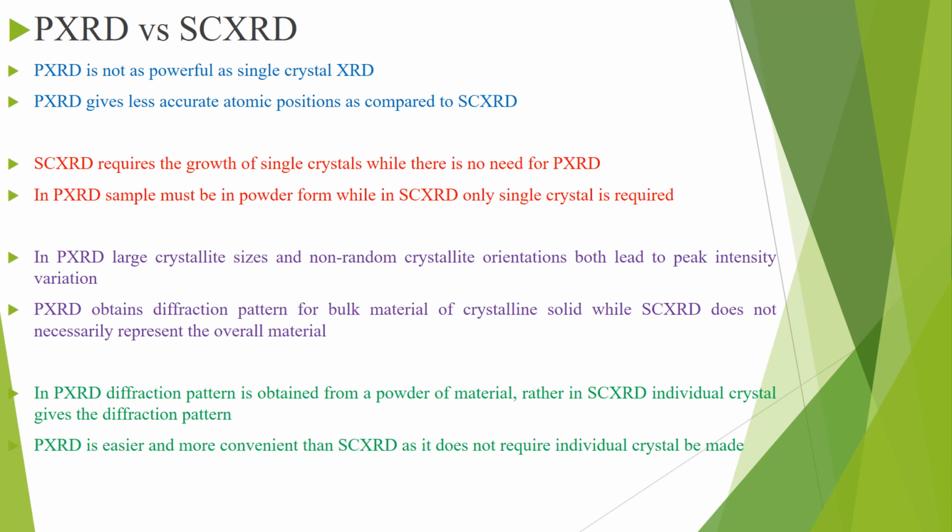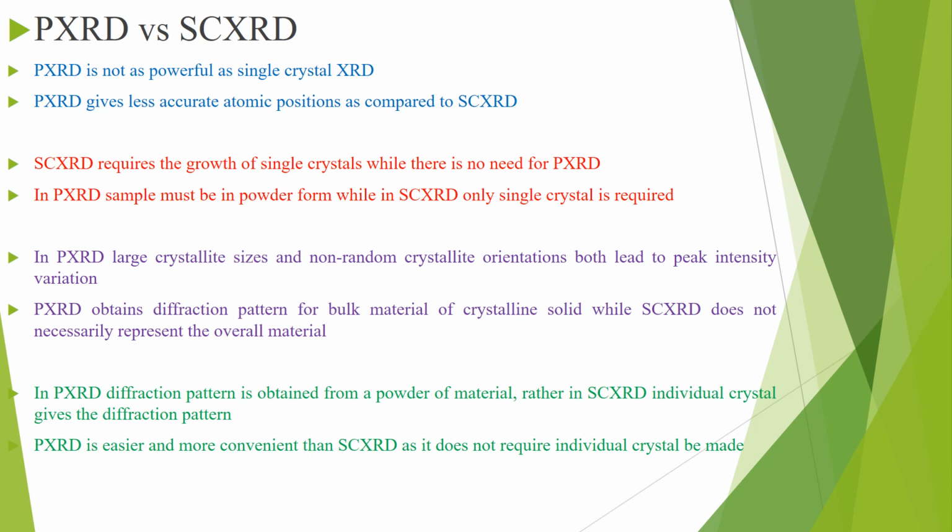Single crystal X-ray diffraction requires the growth of a single crystal while there is no need for that in PXRD. So this is the advantage of PXRD, that there is no need to have a single crystal. It can be used by using the whole crystal. In powder X-ray diffraction, the sample must be in powder form, while in single crystal XRD, only a single crystal is required.